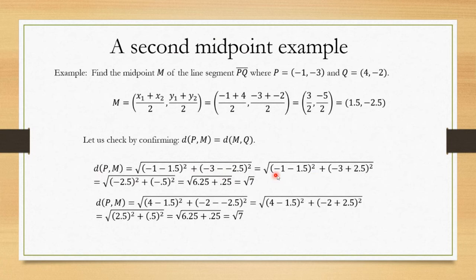So we have -1 minus 1.5 squared plus -3 plus 2.5 squared. Again, we're subtracting a negative, that's why we get addition. Now, what is this whole sum? We get the square root of -2.5 squared plus -0.5 squared, which turns out to be the square root of 7. You could do this in a calculator if you want.